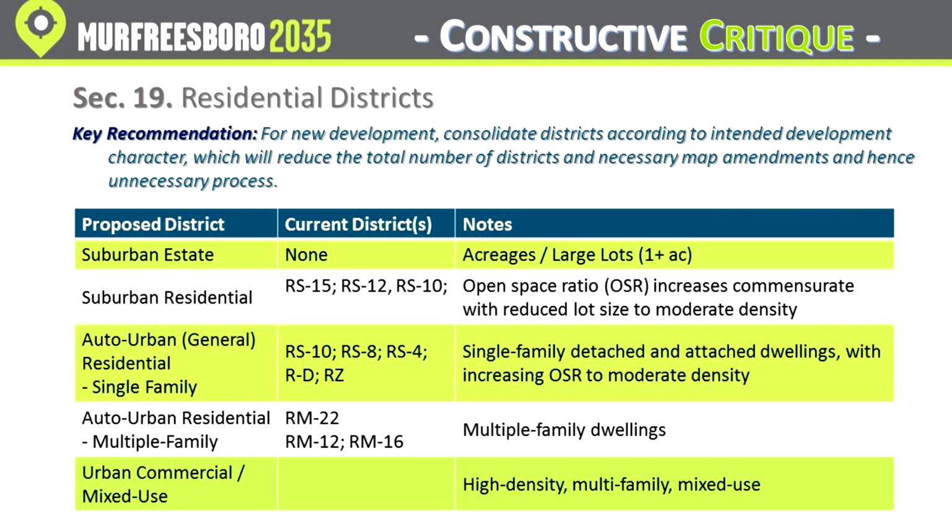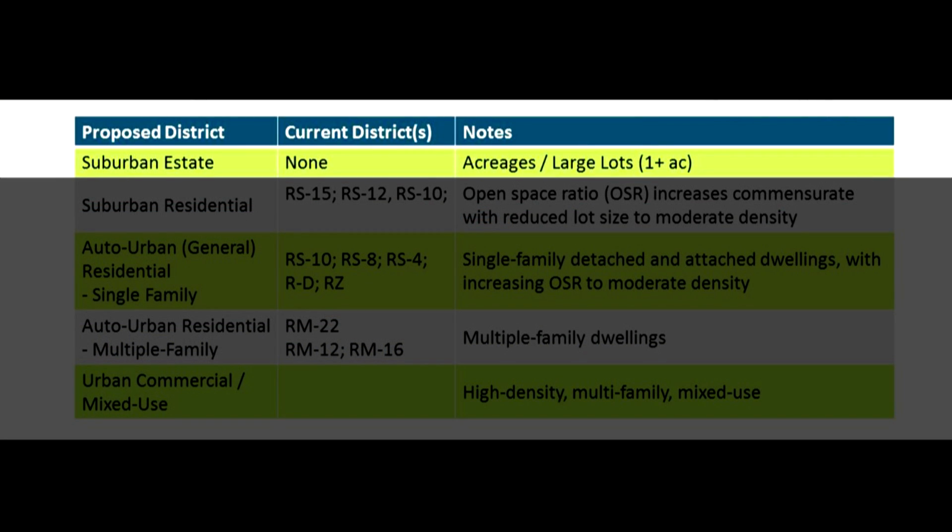classifications, we embraced this to a certain degree with some of the zoning districts, whereby we have essentially 4 residential land use classifications. The suburban estate, basically, there's not a zoning district equivalent at this time, but it's essentially suburban development with a larger acreage, 1 to 3 plus acre parcels.